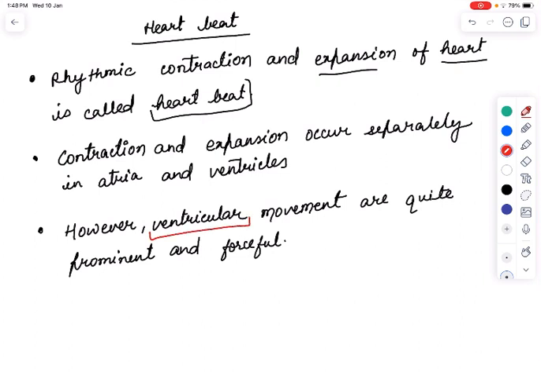लेकिन वेंट्रिकुलर का मूवमेंट ज़्यादा प्रोमिनेंट होता है. Why is it more prominent? Because it has to push. काम ज़्यादा करना पड़ता है ना. It has to give force. वो फोर्स अप्लाई करना पड़ेगा ब्लड को देने के लिए.